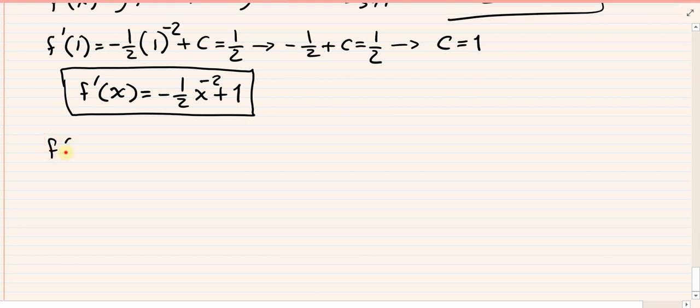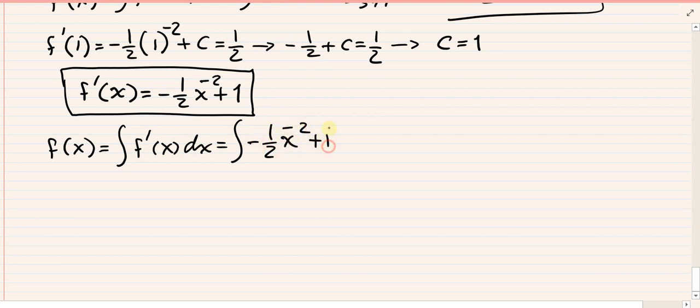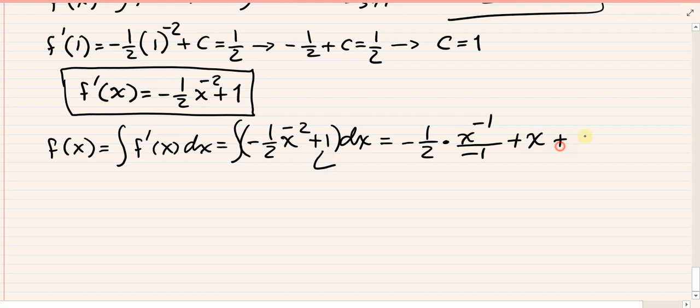Now, f of x is going to be the antiderivative of f prime x dx. And that means the integral of negative 1/2 x to negative 2 plus 1 dx. That's going to be negative 1/2 constant multiple. The integral of x to negative 2, again, negative 2 plus 1 is negative 1. Divide by negative 1. The integral of 1 dx, that's just x, and then plus a constant. Correct?